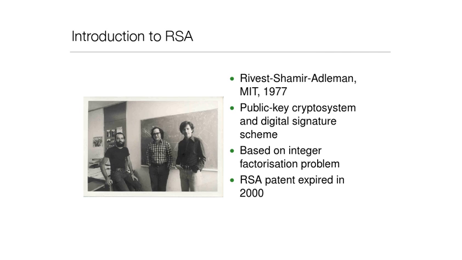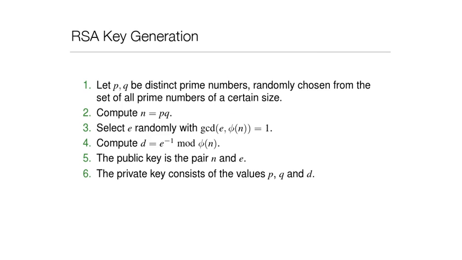Okay. So RSA key generation. You have to understand this clearly. Let P and Q be distinct prime numbers randomly chosen from the set of all prime numbers of a certain size. You can say a size of 100 digits, or bigger sizes like 1024 digits or 2048 digits.